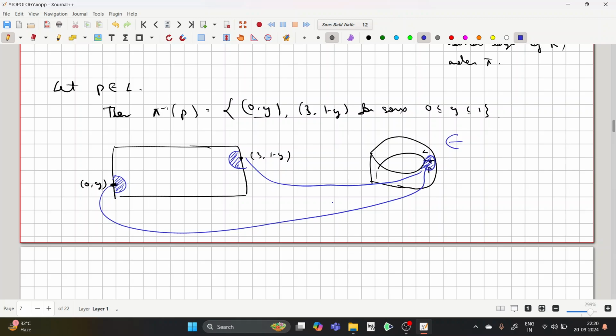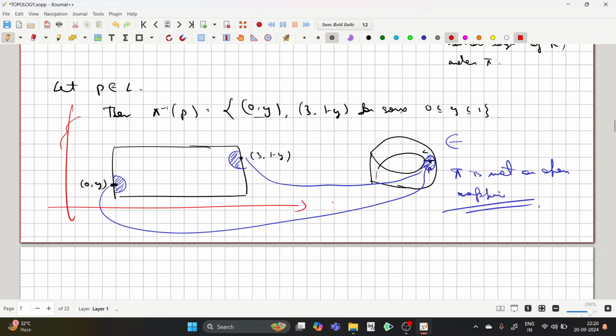But the thing to keep in mind is that pi is not an open mapping. And why is it so? Because if you observe, I am considering this rectangle inside R2, right? Every open set is in terms of some open disk. So actually I am having this as an open disk. But since I am considering a subspace topology here, suppose this open disk is, say, B2.